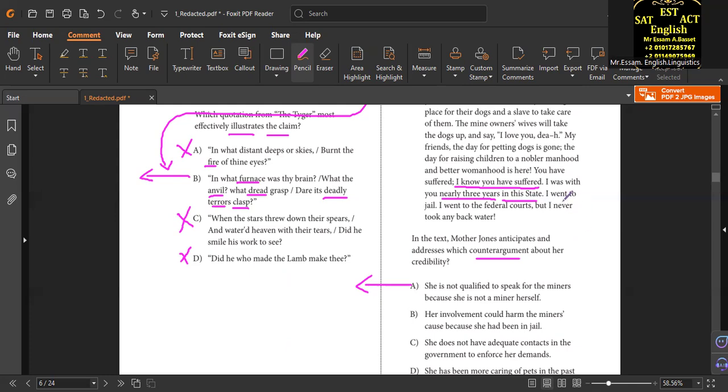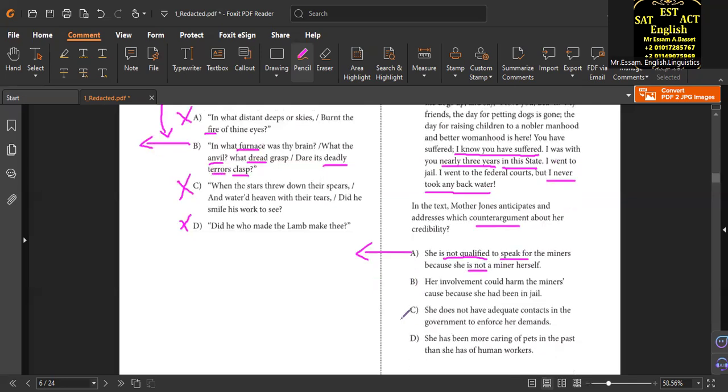Again, she said, "I went to jail, I went to the federal court, but I never took any blackwater." So what does it mean? It means you don't know more about us. But that means here, she is not qualified to speak for the miners because she is not a miner herself. She is not with them. Feel it?